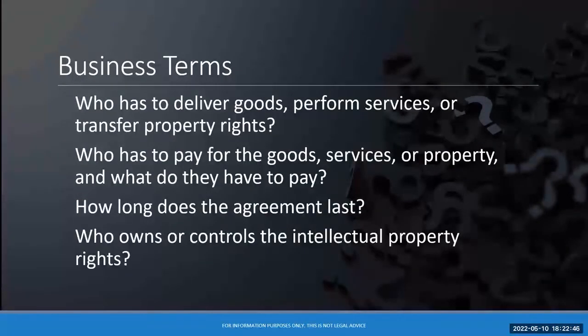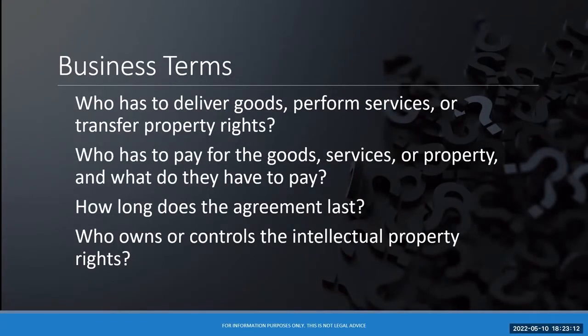Business terms are usually the part of the contract each side agrees to before they bring the terms to an attorney. Many non attorneys focus only on the hard numbers here, but this part of the contractual agreement also includes who has to deliver the goods, perform the services, or transfer the property rights, who has to pay for the goods, services, property, and what they have to pay and when they have to pay.